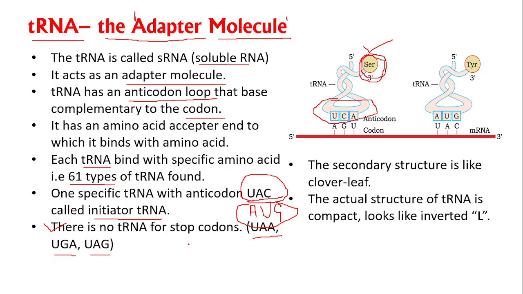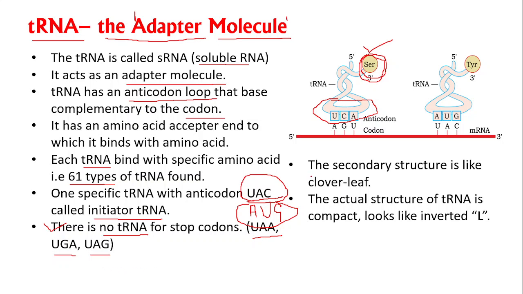And if you ask why they do not code for any amino acid, the answer is because they don't have any tRNA which has got anticodon for these and which can carry the amino acid for these particular codons. That is why there is no tRNA for stop codons.